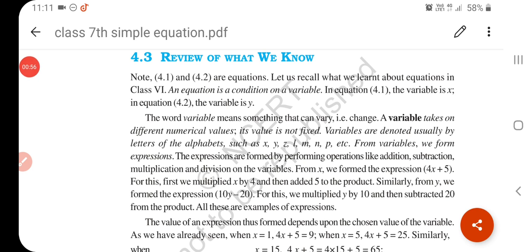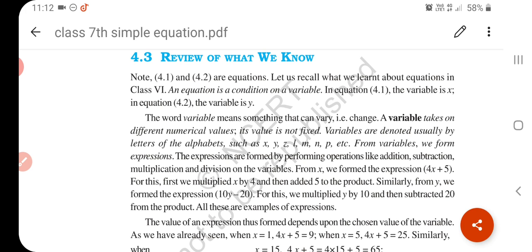Now in this chapter we learn one more word, that is variable. What is variable? A variable takes on different numerical values. Its value is not fixed. Variables are usually denoted by letters of the alphabet such as A, B, C, X, Y, Z. Whichever letter you like, you can take.